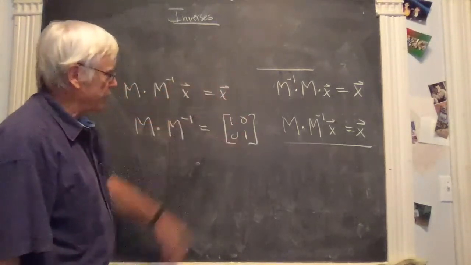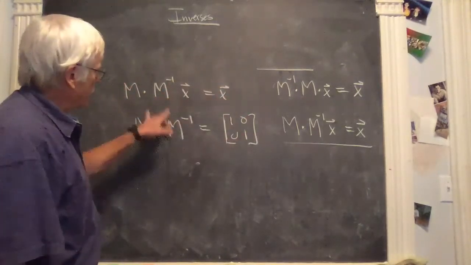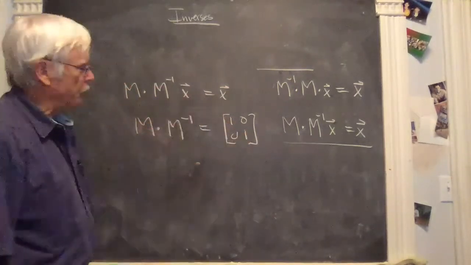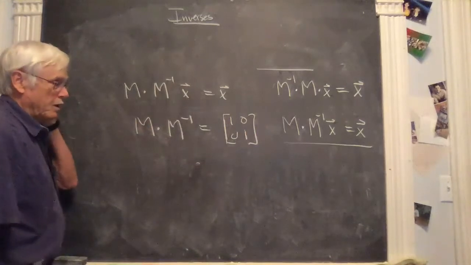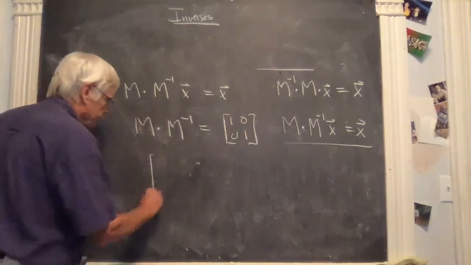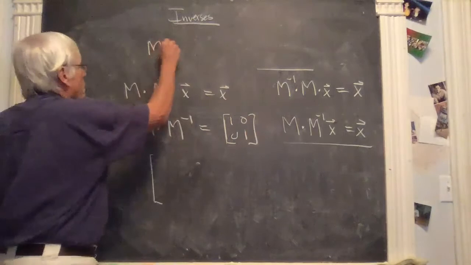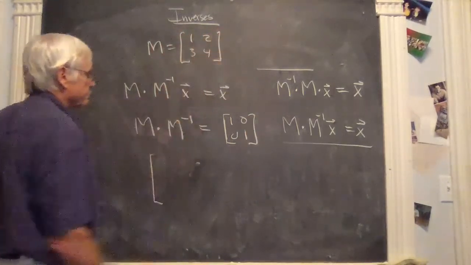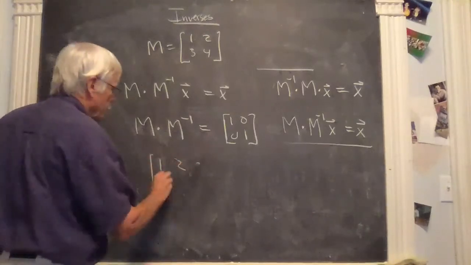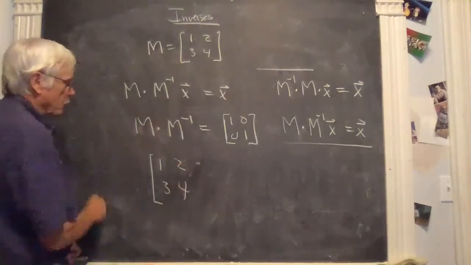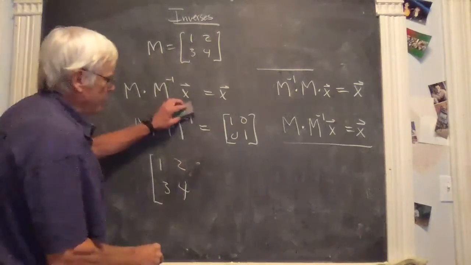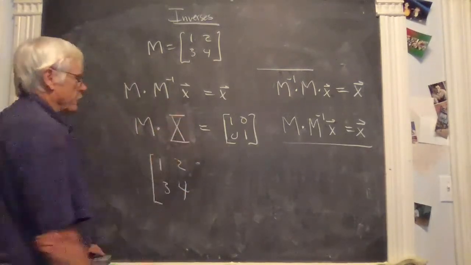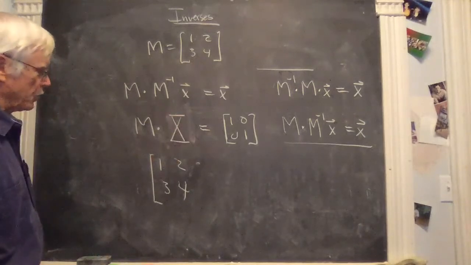That's why it's called identity. So it says that this matrix here must be the identity matrix so that this holds. And we know how to solve this. Let's take our M to be 1, 2, 3, 4 again. 1, 2, 3, 4, we write down these known ones. M inverse is what we're looking for, so I'm going to put a big capital X there, meaning I want to solve for that. So that's my variable I want to solve for.